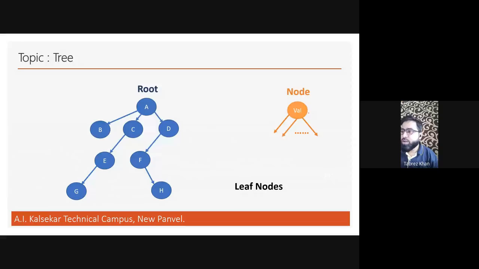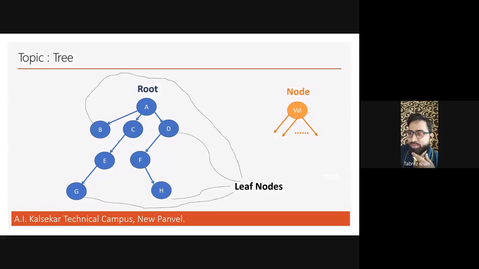Now, I think I made some mistake. Let me see. Yes, there's a mistake. I'm showing D as a leaf node, which is an absolute mistake. So sorry for that. B is a leaf node, yes. G is a leaf node, yes. H is a leaf node, yes.